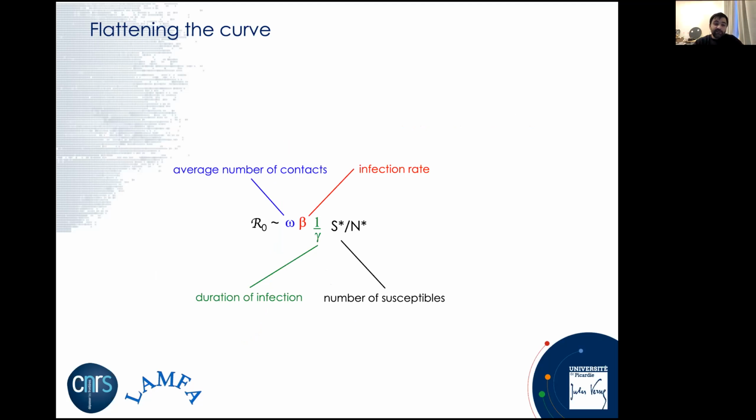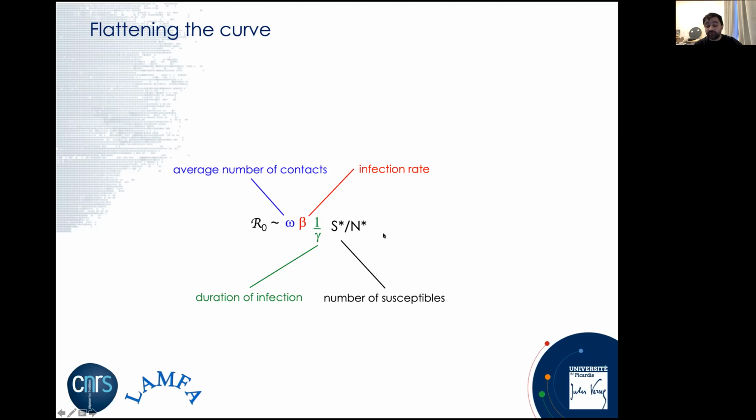Anyway, if you use only the definition of the basic reproduction number, it can be more or less complicated, as I did for the exposed compartment, but mainly you have four parameters: the number of contacts, the infection rate, the recovery, and the proportion of susceptibles.